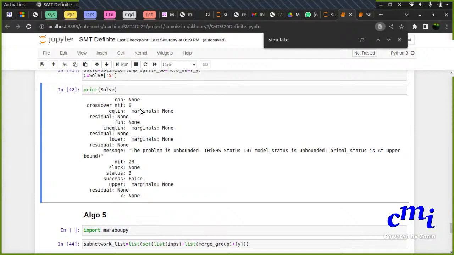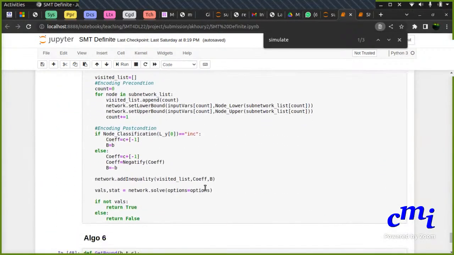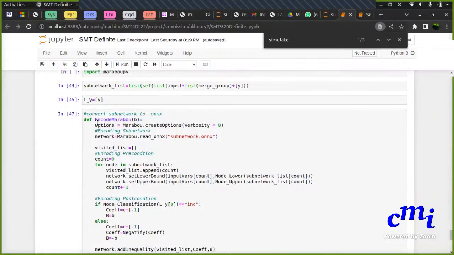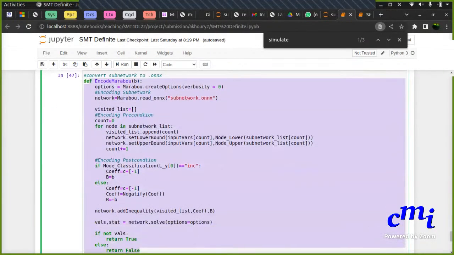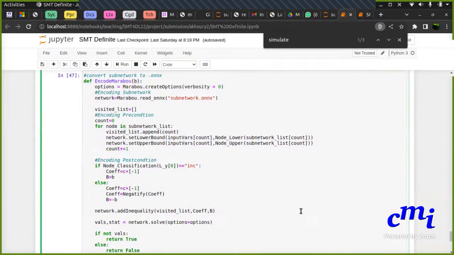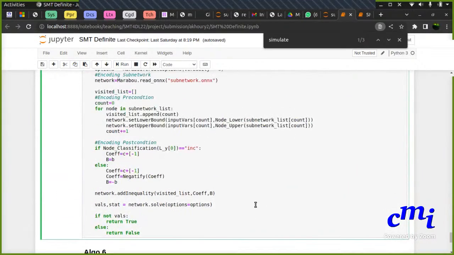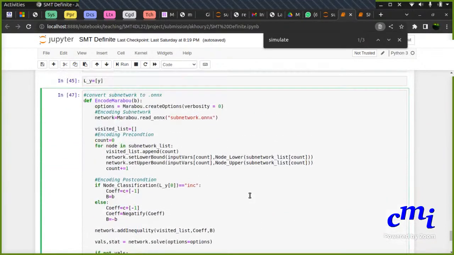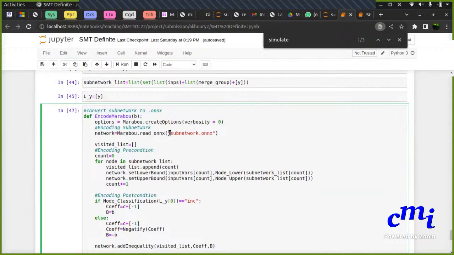So this will have to be rewritten completely. And also, you don't have any way of encoding Marabu, right? Correct. Because you're just reading this, the subnetwork to ONNX file doesn't come from anywhere inside the code, right?